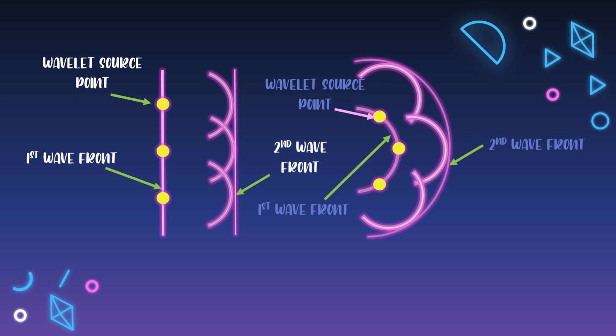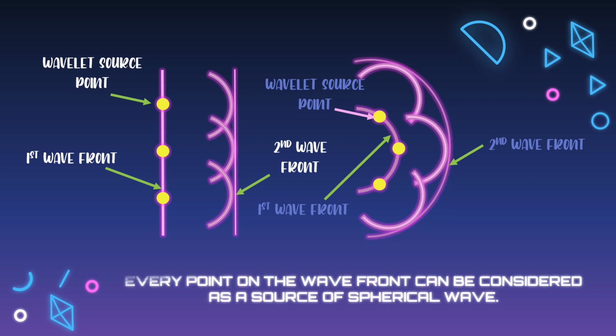This can be applied to plane waves and circular waves. Therefore, every point on the wavefront can be considered a source of spherical waves. Despite the simplicity of Huygens' model of wave propagation of light, it is a very powerful guiding principle.